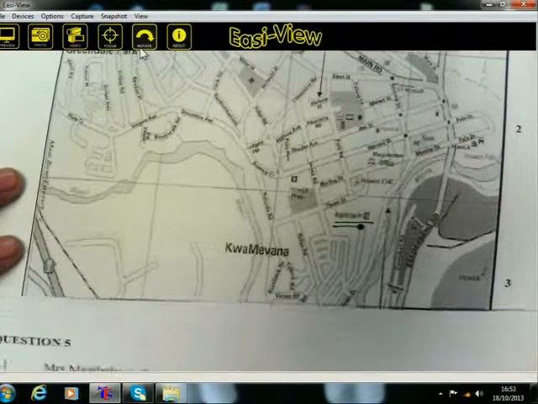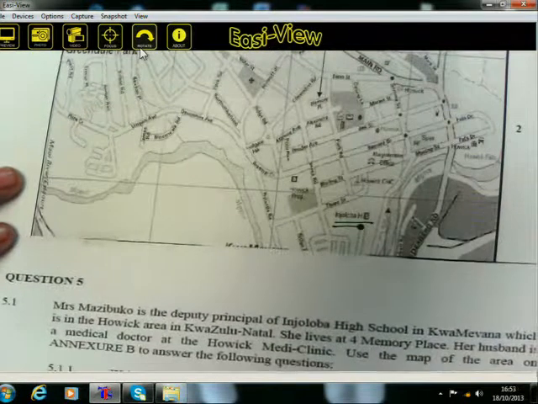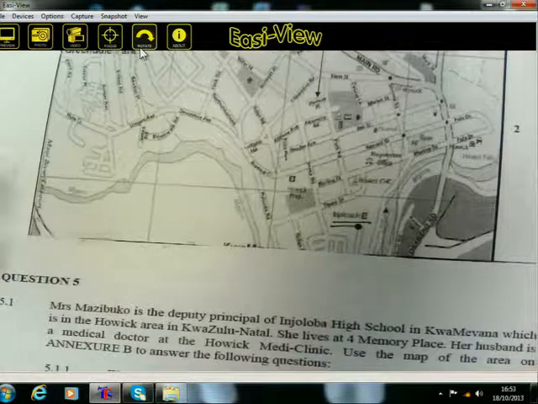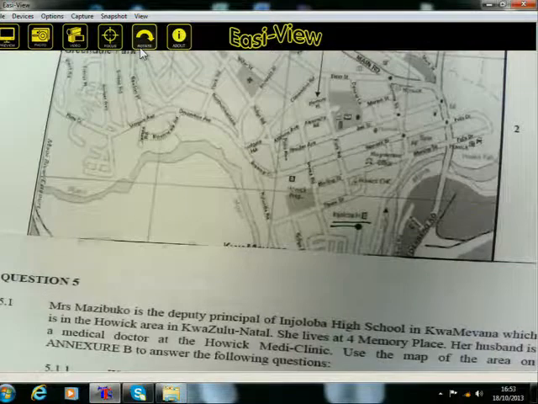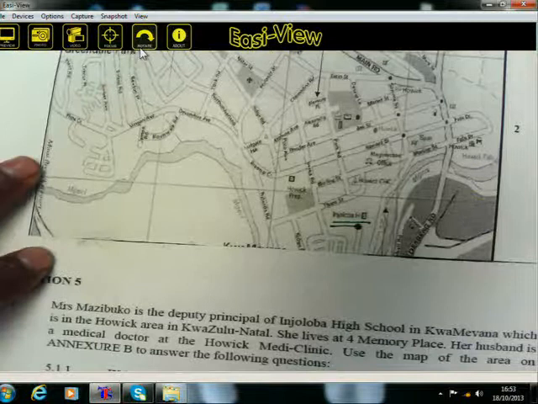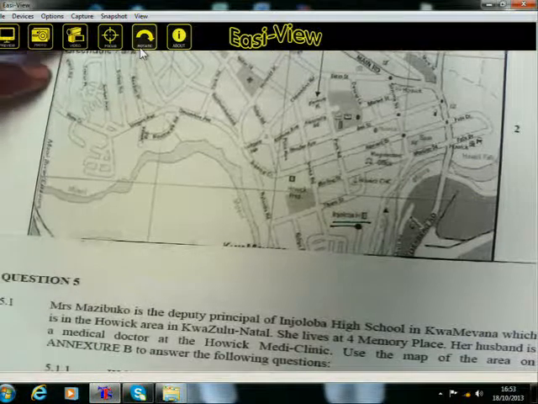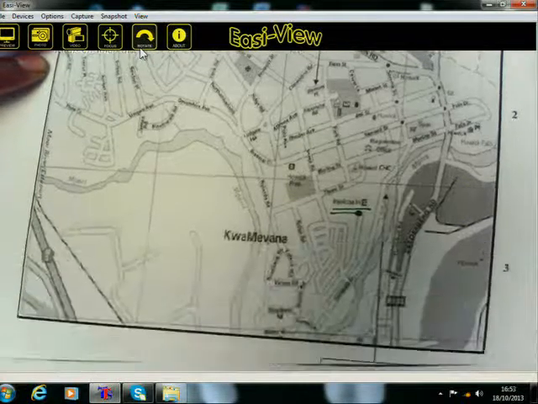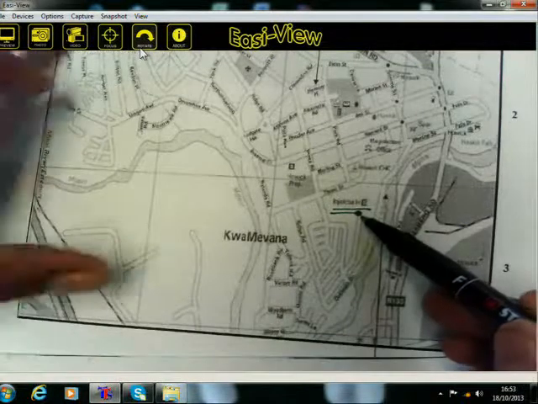The next question: describe the relative position of Howick High School from Njoloba High School, from here to here.